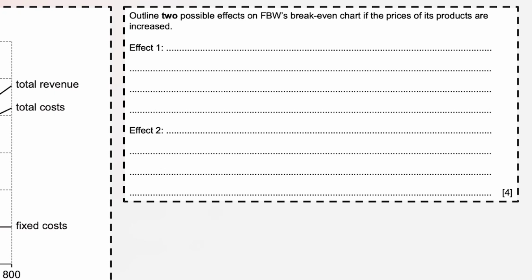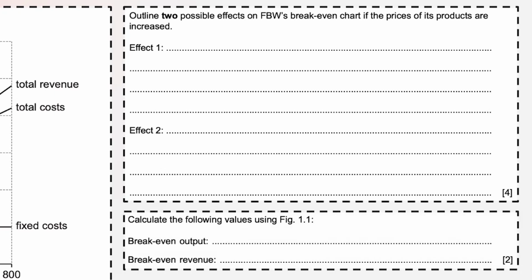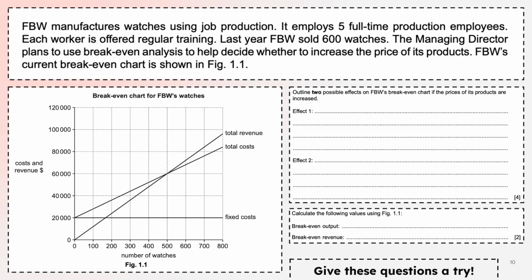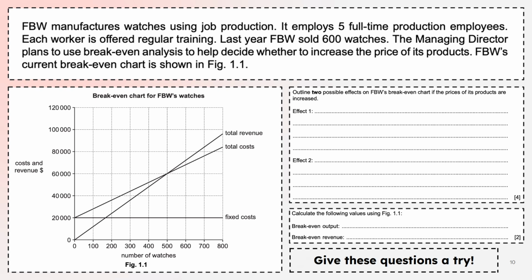Outline 2 possible effects on FBW's break-even chart if the prices of its products are increased. And then we have another question here. Well, 2, kind of. Calculate the following values using Figure 1.1. We have break-even output and break-even revenue. Give these questions a try. Now!